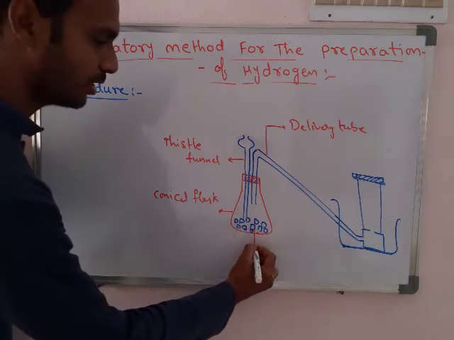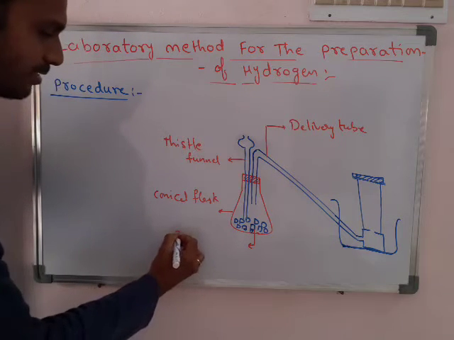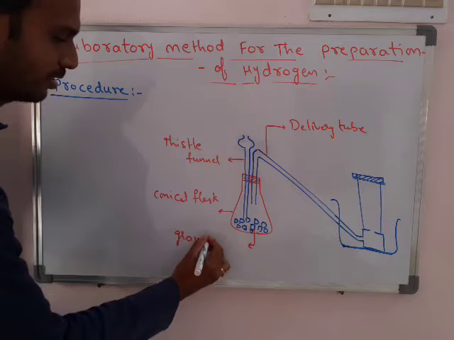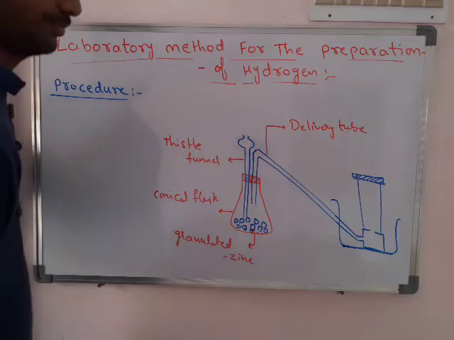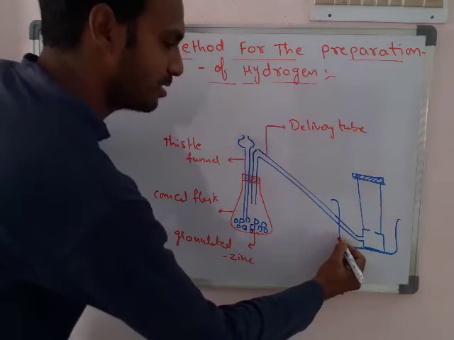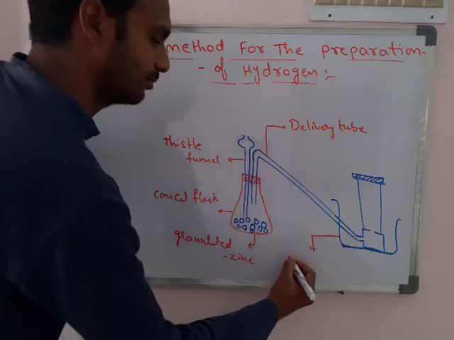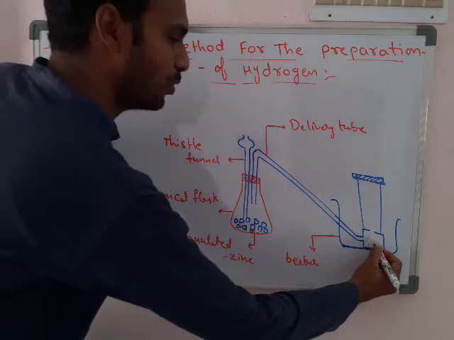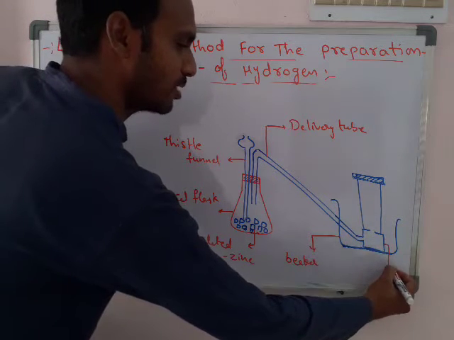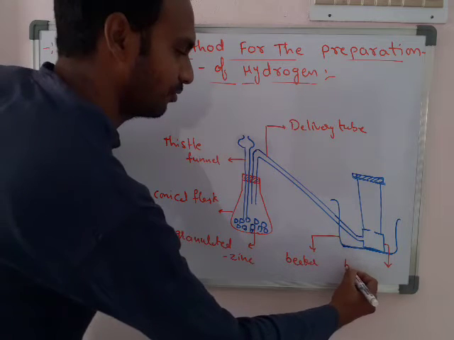Next, here we took granulated zinc pieces. Okay, this is granulated zinc. So next, what about this? Okay, this is a beaker. Next, what about this small box? This small box, we know, is the beehive shelf.